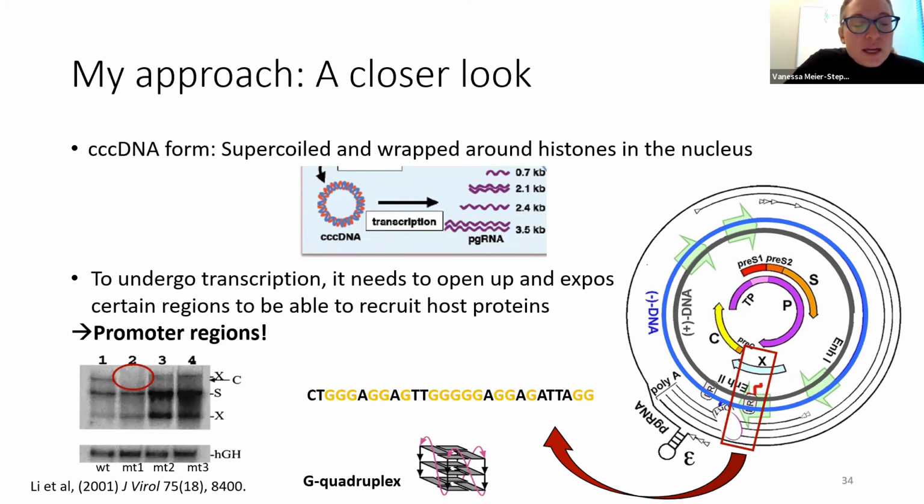An older study in 2001 showed that if you mutate one of these nucleic acids, you lose the production of the transcript, and they went on to show different mutational studies. But then when we stepped in to have a look at this, we thought, if you mutate that, you are likely able to destroy that quadruplex from that one mutation.